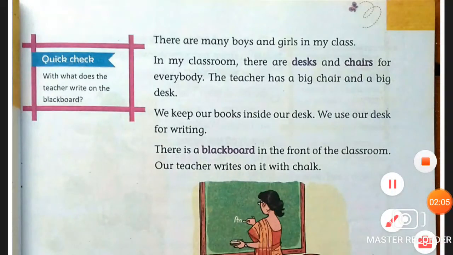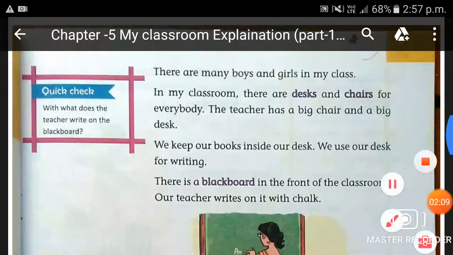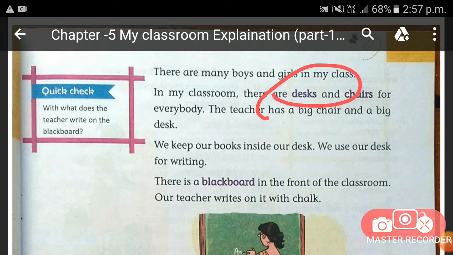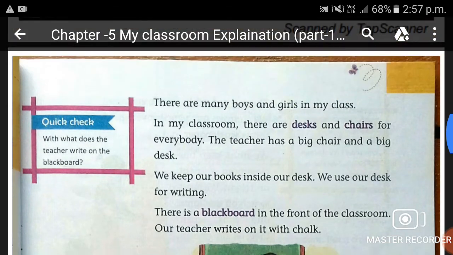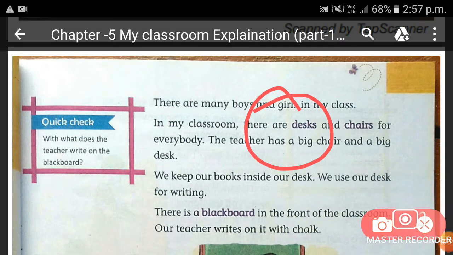Okay students, so what is the desk? Students use the desk to keep their bags and their things under the desk, and they also use the desk to keep their notebooks and the textbook on it, and they easily write on it.